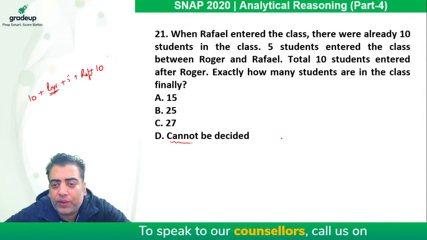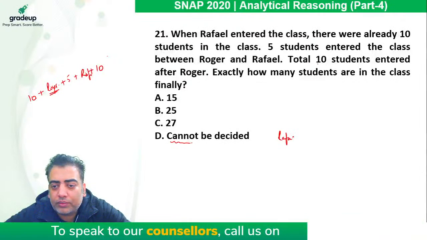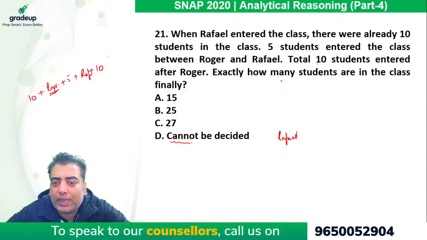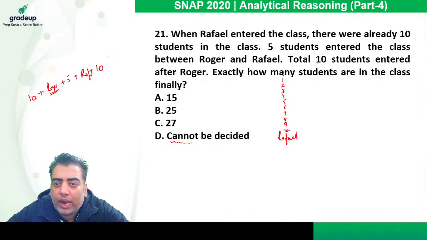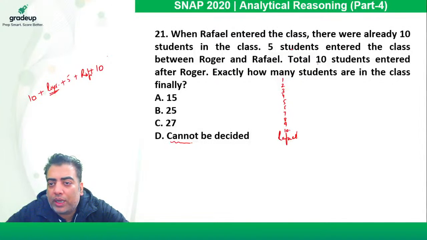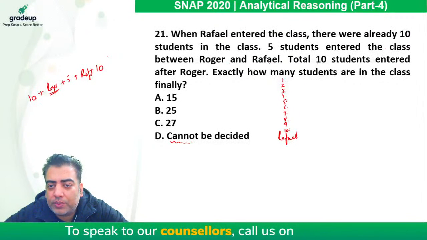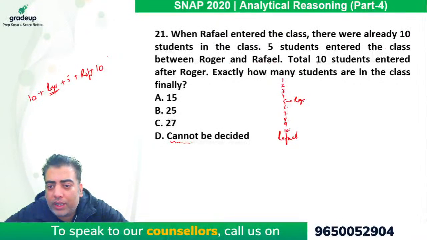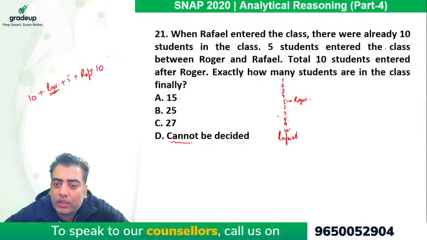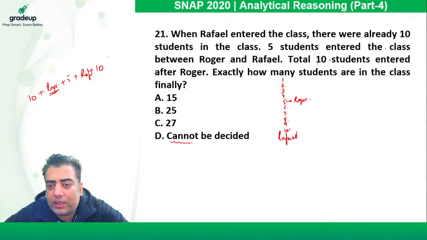So when Rafael entered, there were already 10 students in the class, and 5 students entered the class between Roger and Rafael. So 1, 2, 3, 4, 5, which means if Roger was already there in the class, this must have been the scenario. And after Roger, it is given that 10 students entered the class.